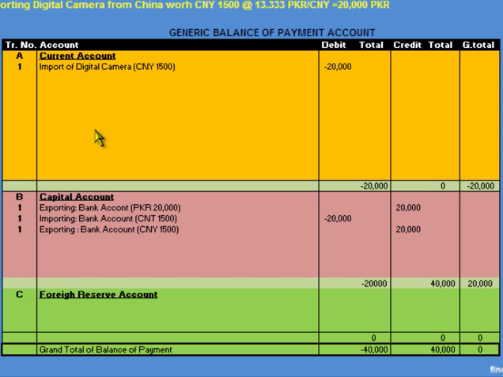Let's take an example that the person in China now wants to make an investment in Pakistan. You have exported 1500 Chinese yuan to China, and you have imported the digital camera. And let's simplify the problem. He is the only person in China and you are the only person in Pakistan.